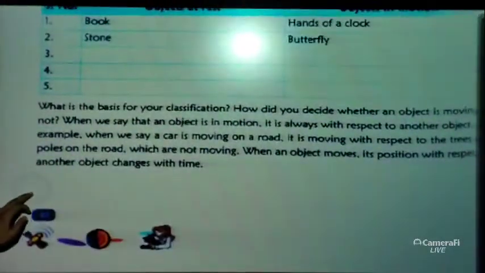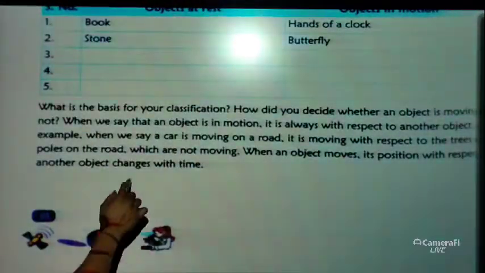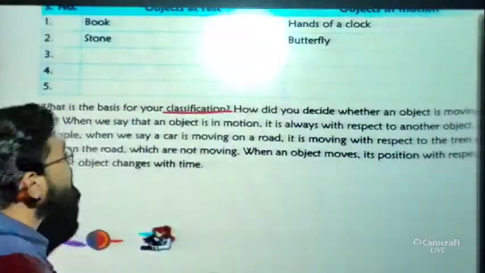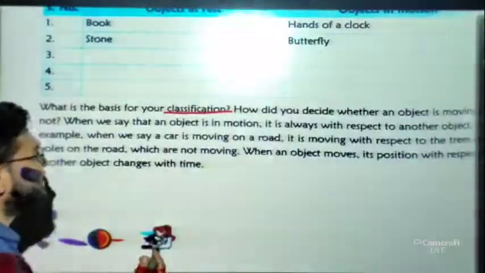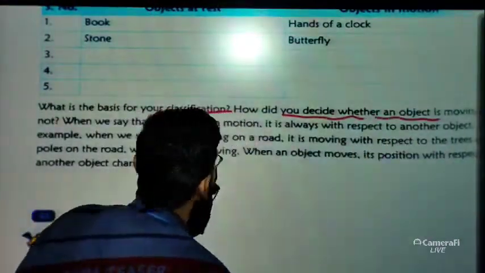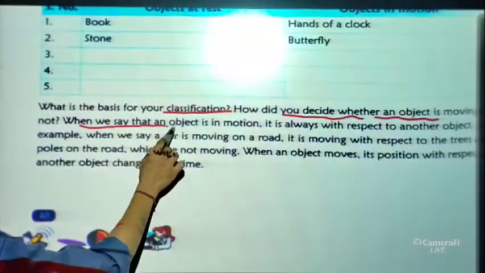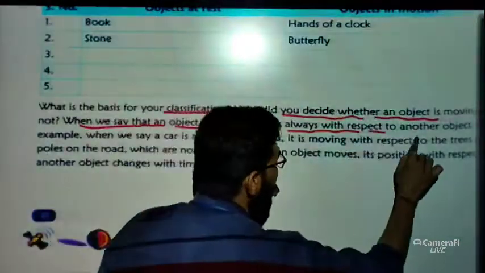Okay, next part. Let me tell you what the basis of your classification is. Now you have classified some objects which are at rest and some which are in motion, but on what basis have you done the classification? How did you decide whether an object is moving or not? When we say that an object is in motion, it is always with respect to another object.